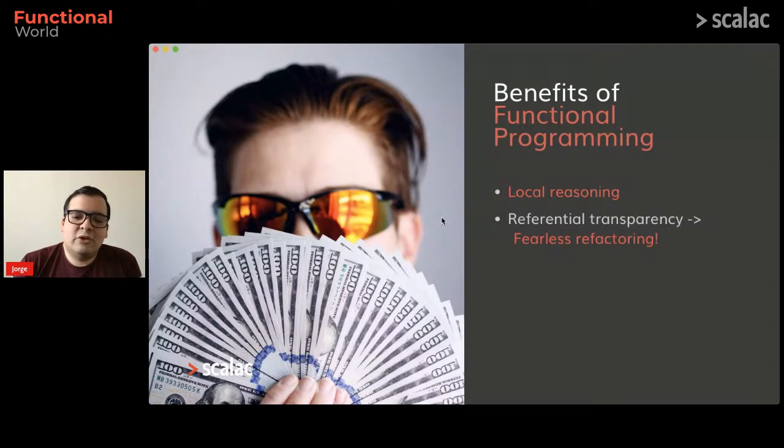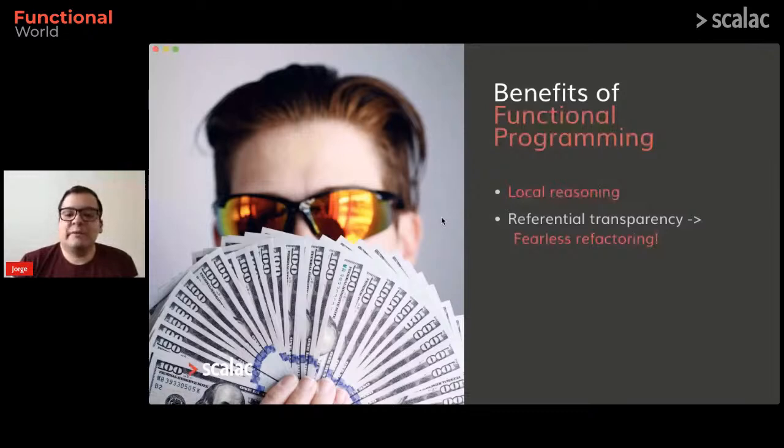Then there's this other interesting concept of referential transparency. I'm not going to give the formal definition here, but I can say that referential transparency means fearless refactoring. What does that mean? If you try to refactor your code, for example, you are deleting a method, a function, and you want to replace all the usages of that by its internal implementation, the behavior of your application won't change because we are just working with pure functions.